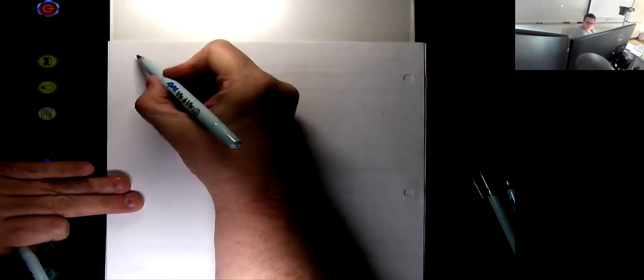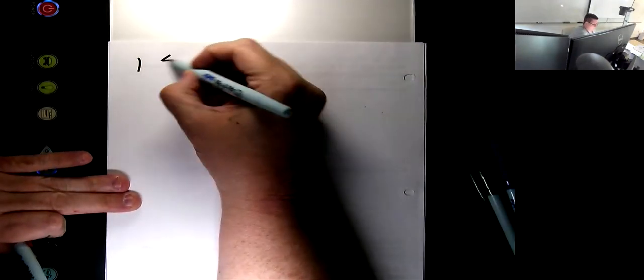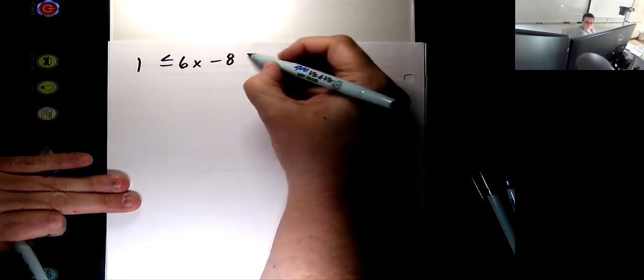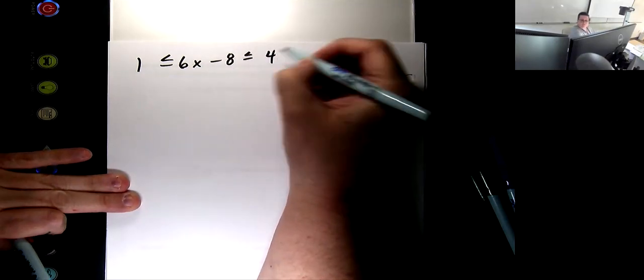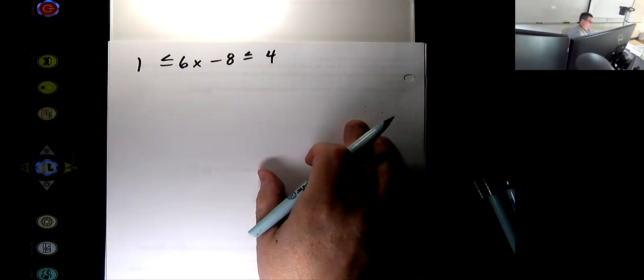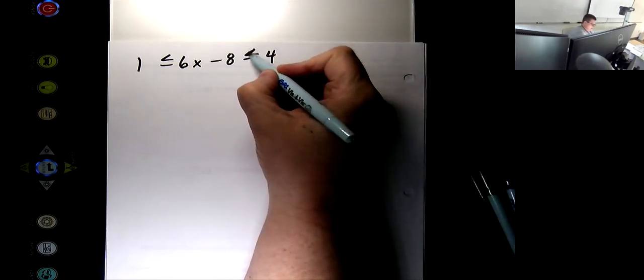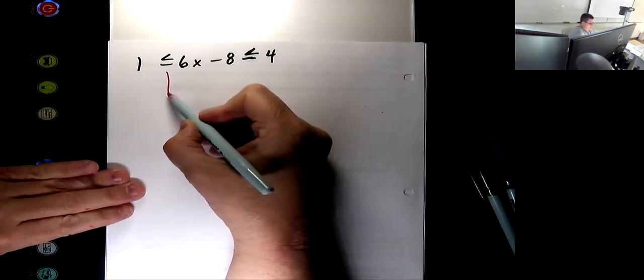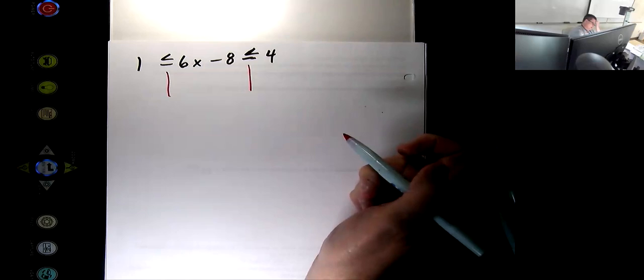Alright, so 3-part inequalities. This has 3 regions, broken up by those inequality signs.